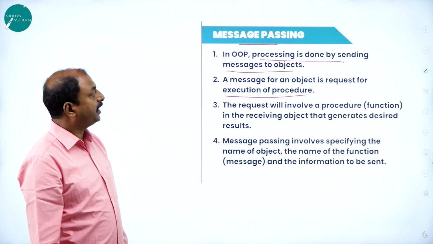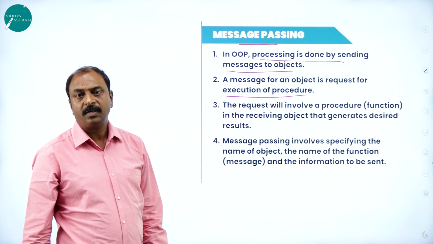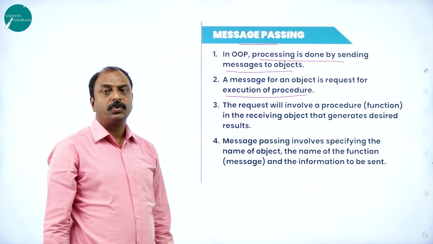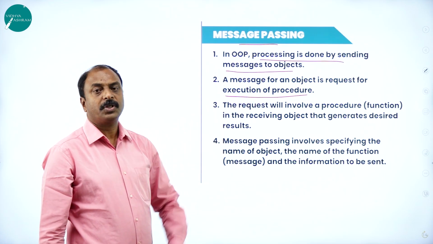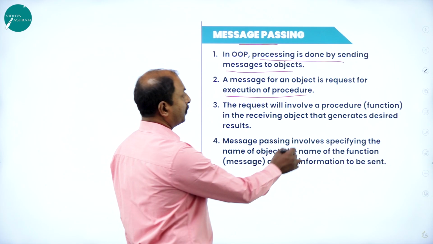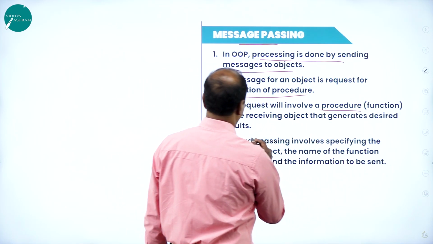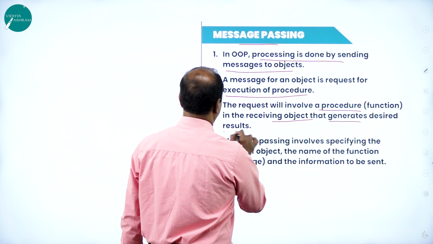Technically, if we want to execute a task or invoke a function, we have to send a message to a particular object. That is message passing. A request will involve a procedure or a function, and the receiving object generates the desired results.